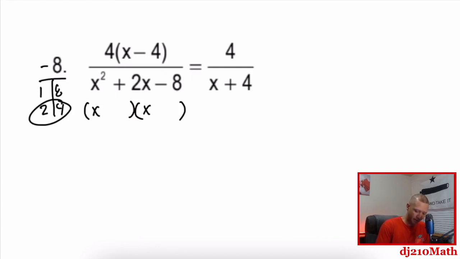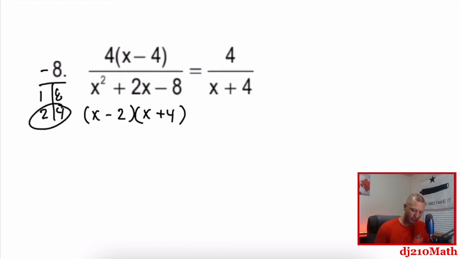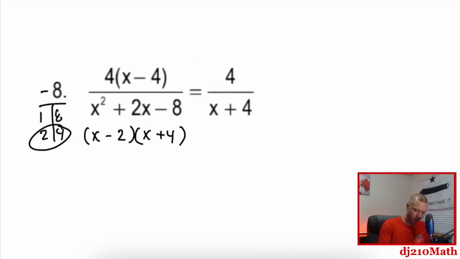So this is going to be x minus 2, x plus 4, right? That makes negative 8, and then we add it together, makes positive 2. Okay, looking at this, the bad x's for the denominator are going to be positive 2, negative 4, and negative 4. Okay, so if we get one of those, we're going to exclude it.